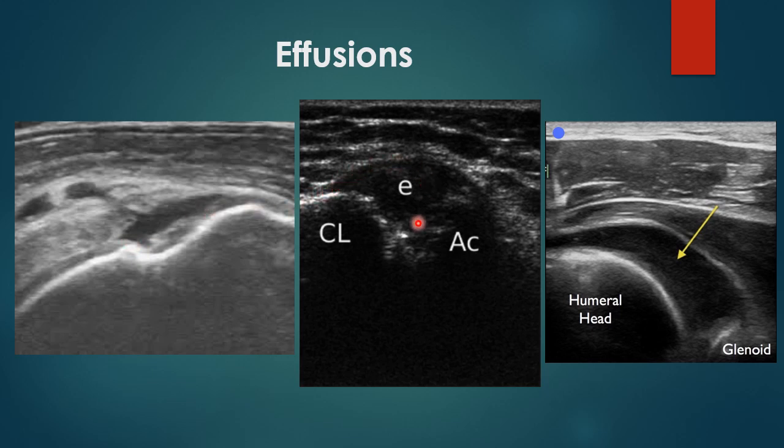This is an example of joint effusion in the AC joint. And this is an example of the joint effusion seen through the posterior aspect examination. And this is the infraspinatus tendon and muscle.